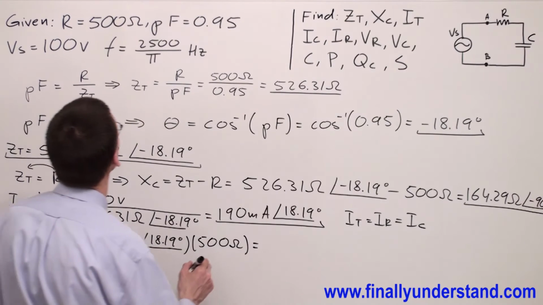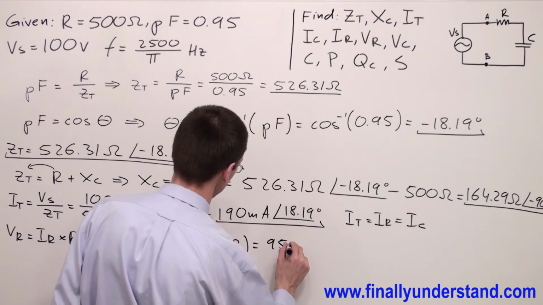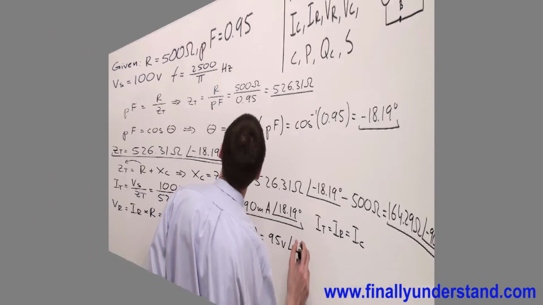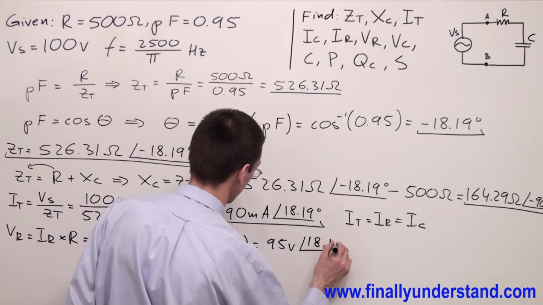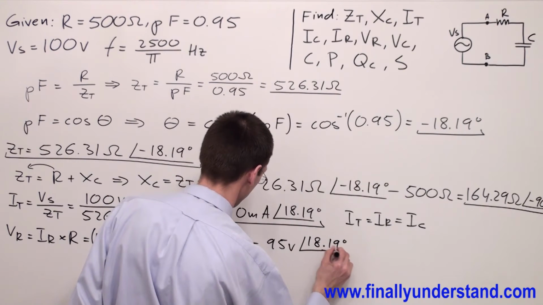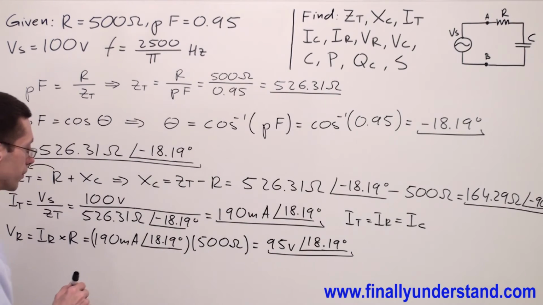This is equal 95 volts and angle of 18.19 degrees. This is the voltage across the resistor.